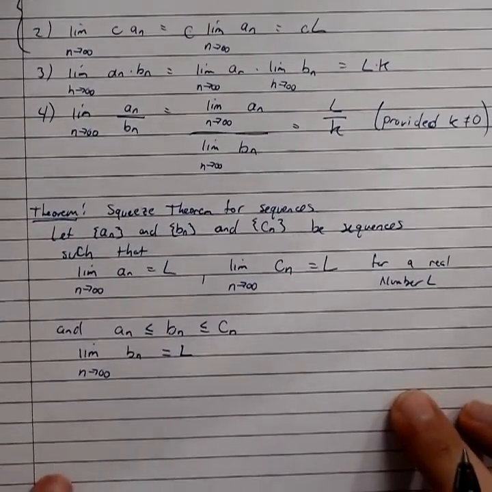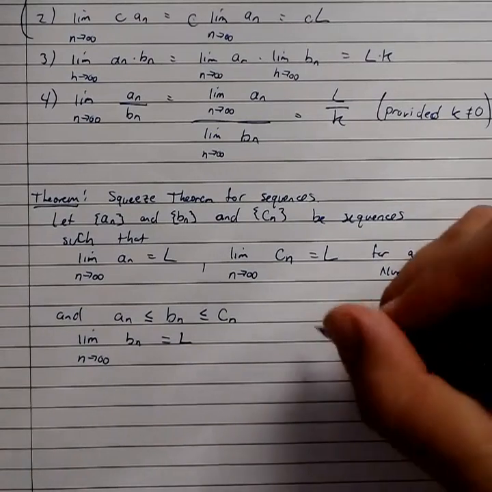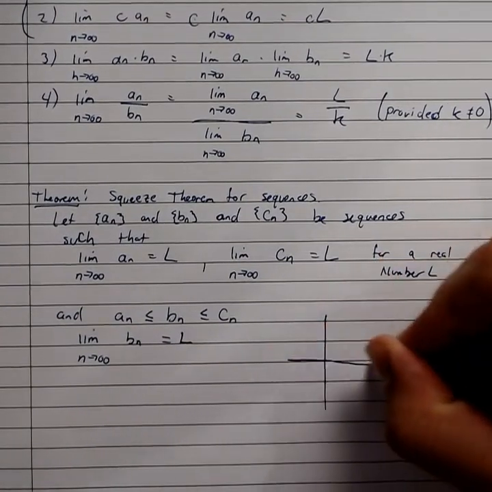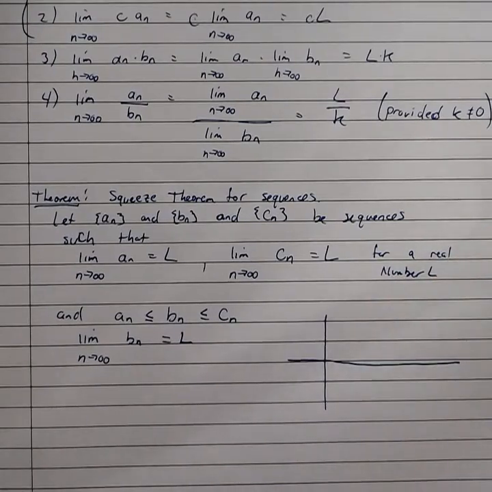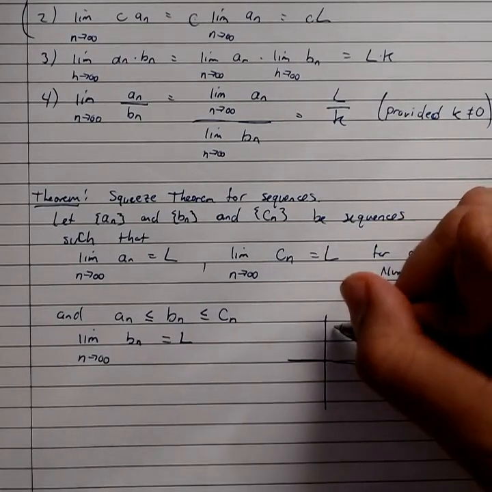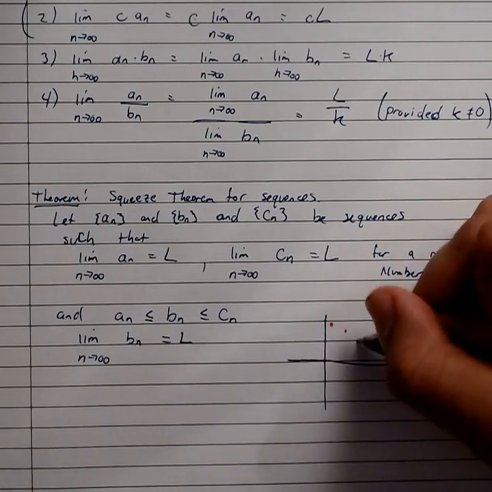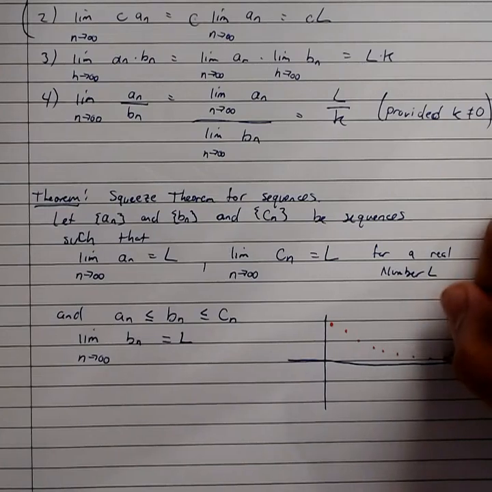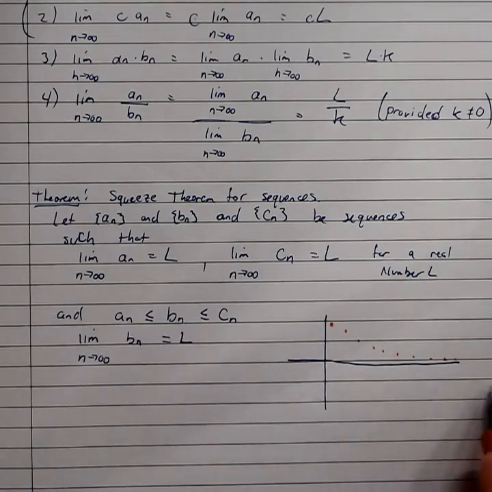The illustration for that is really just the squeeze theorem as we're used to it from Cal 1. If you have 3 sequences, one of which looks like this. Okay, well, clearly that's converging to that number, whatever that number L is.